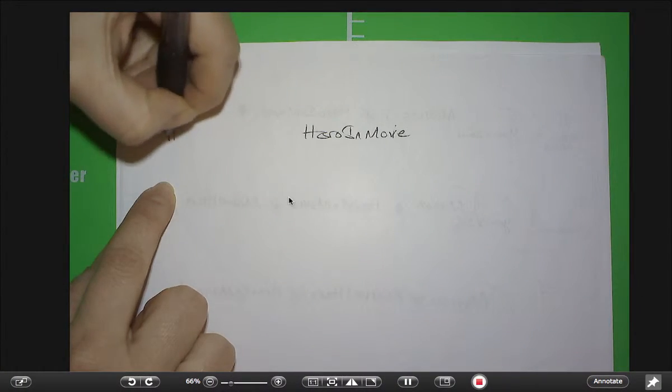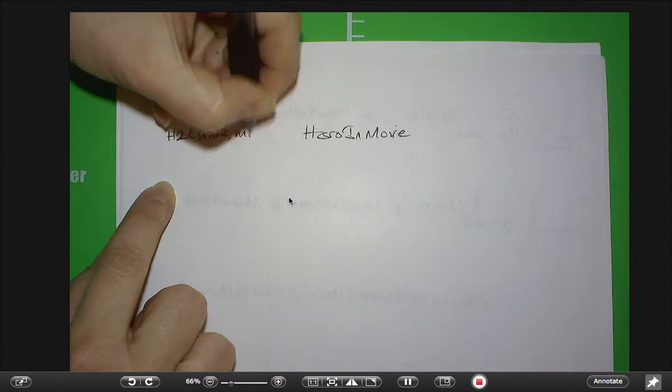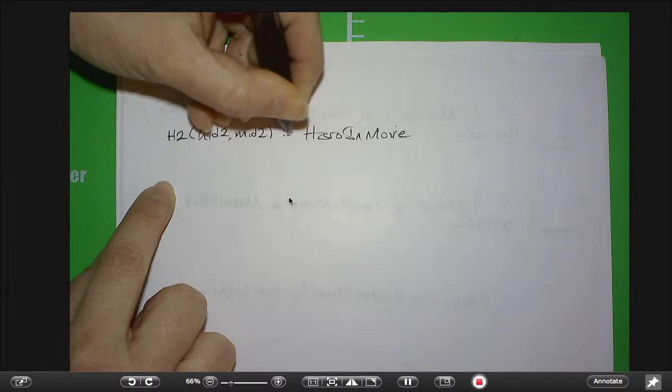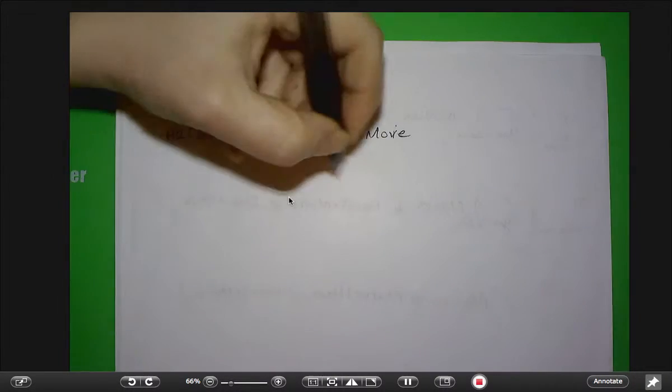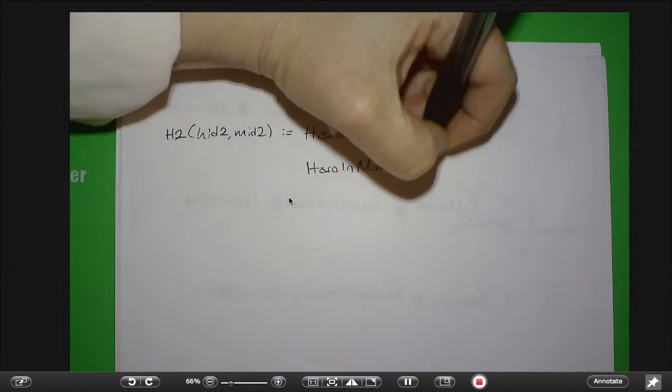Let's call it H2, with HID2 and MID2. Okay. It's a logical copy, right? Then I take hero in movie, and Cartesian product with H2.